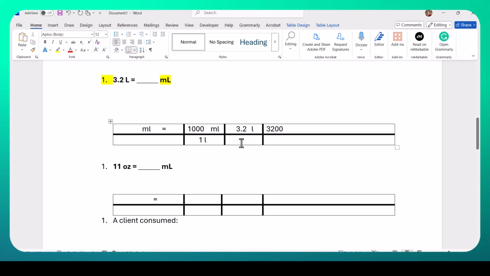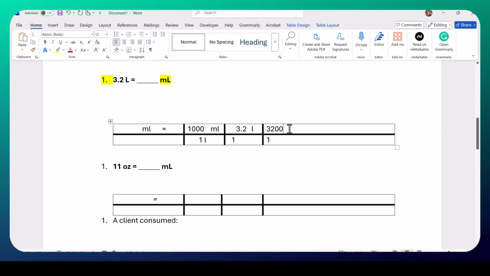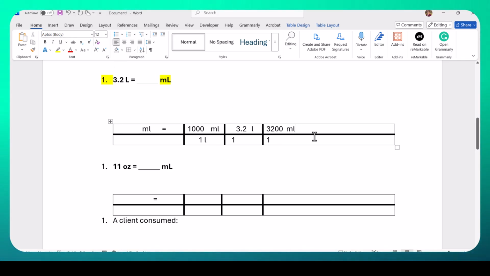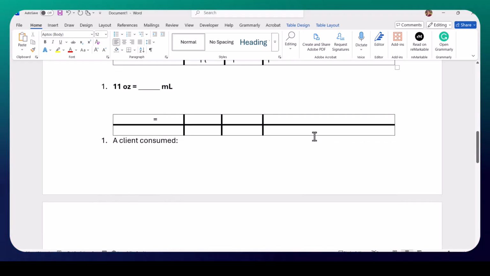There's an invisible 1 under this one. 1 times 1 is 1. 3,200 divided by 1 is 3,200. 3,200 what? 3,200 milliliters, which is what the question asked me for. I have now demonstrated that I did my problem correctly.